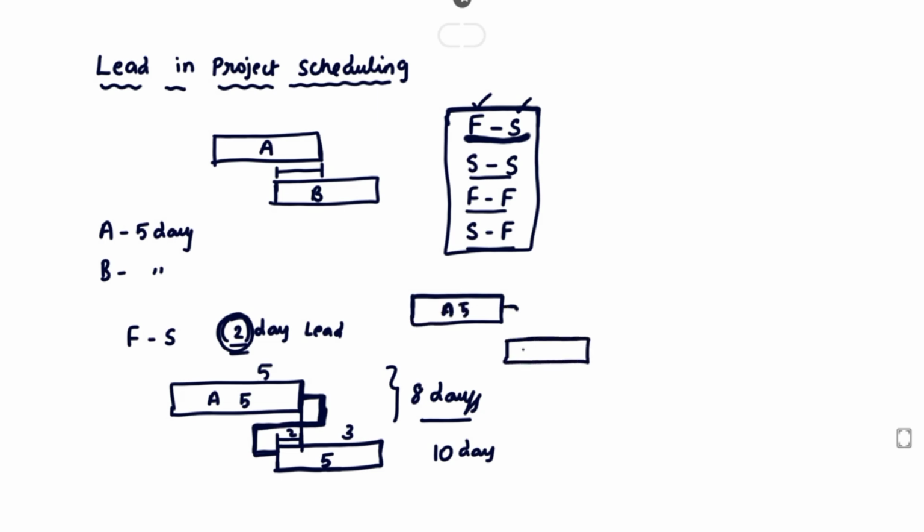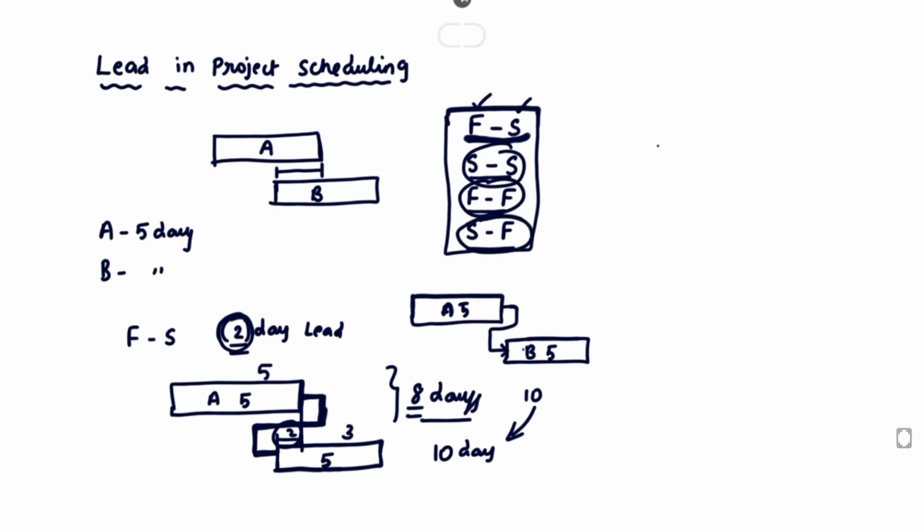After completing the activity, the B activity will be started immediately. The B activity will take 5 days, so totally 10 days to complete the project. But here the 2 days is the lead time, so 8 days is the project completion time. Likewise, we can draw for start to start, finish to finish, and start to finish.